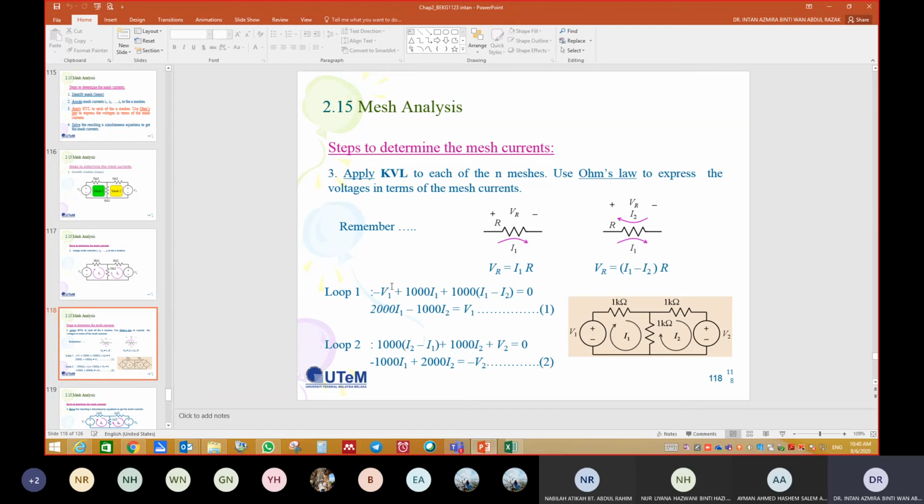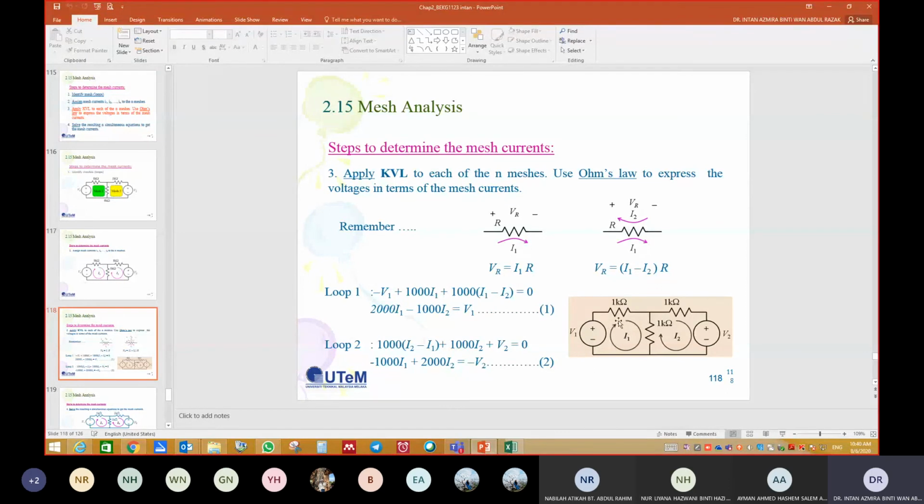Okay, so remember that each element in KVL is a voltage. This is the voltage of the supply. This is the voltage of 1K. This is the voltage of 1K here. Okay, so V is equal to I R. I1 R, 1K. And then plus 1K, okay, 1K in the bracket, I1.